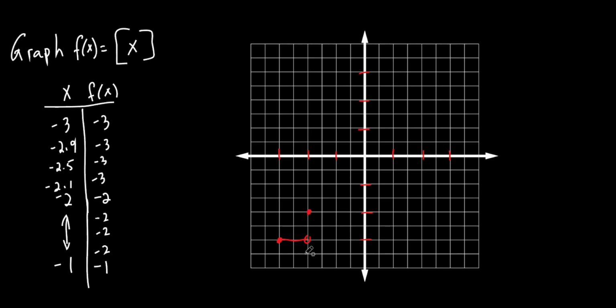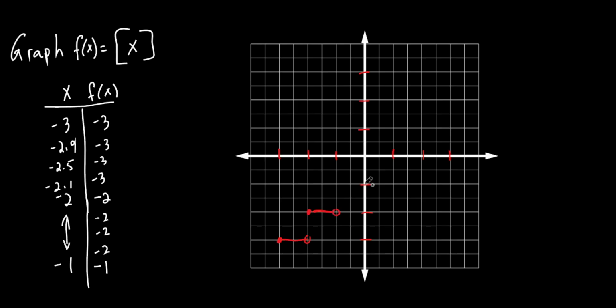And what do you think that's going to look like? This is going to go all the way until we get to -1. But it's going to be open right there, and we got a line in between.